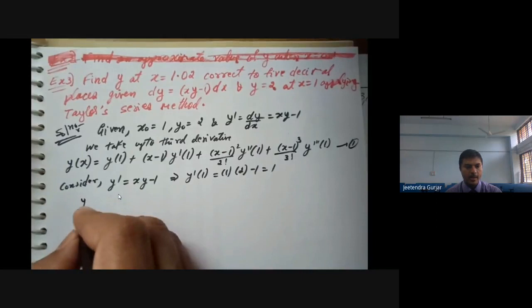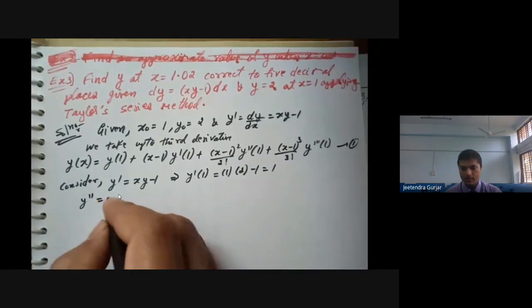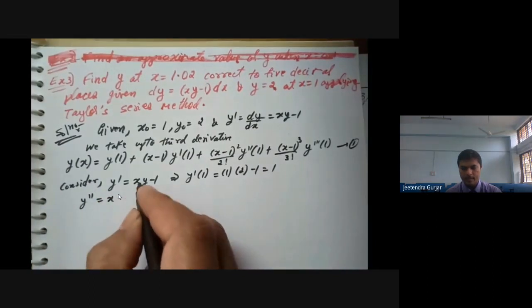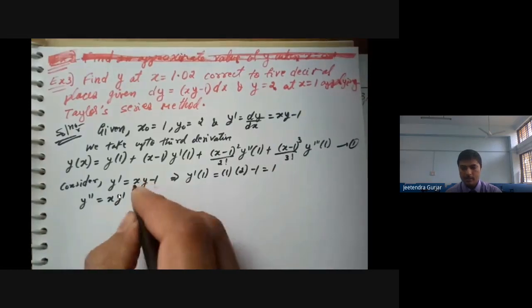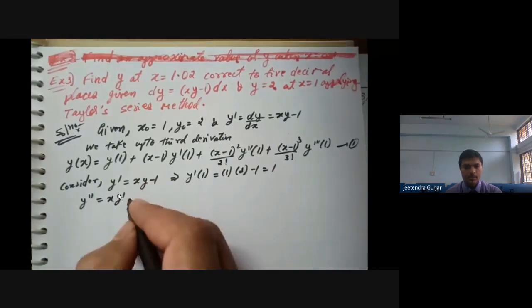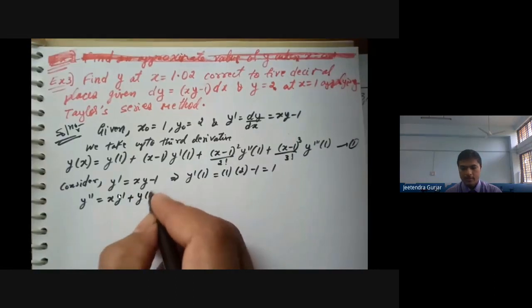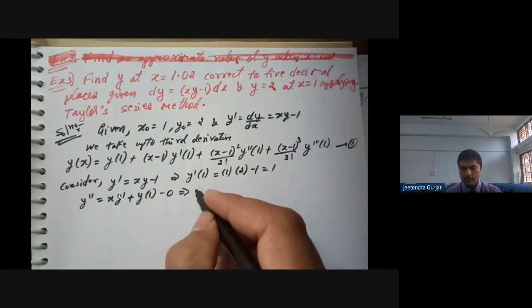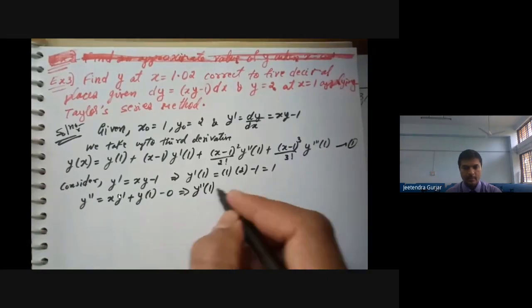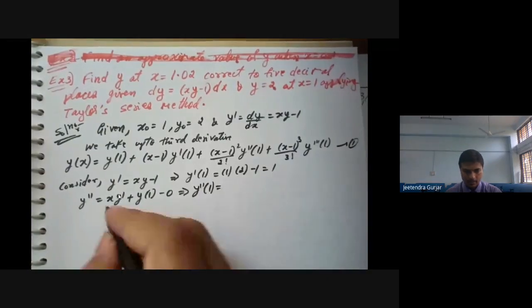Go for y double dash. So differentiate, it is u into v. Keep x as it is, differentiate y dash. It is going to become y double dash, y dash plus, keep y as it is, differentiate x, it is 1. So differentiation of 1 is 0. So y double dash of 1, substitute the values.